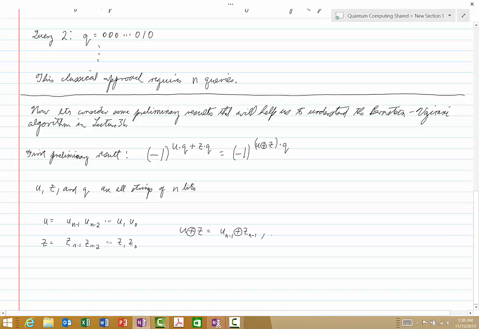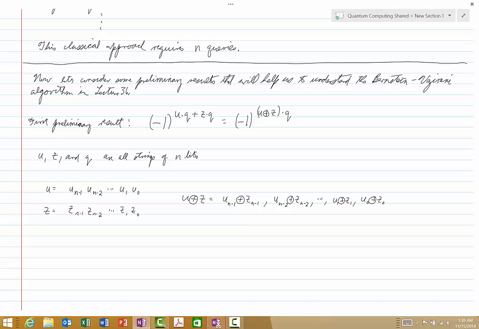And then the second bit would be u n minus 2 exclusive or z n minus 2, dot, dot, dot, down to u1 exclusive or z1 and u0 exclusive or z0.